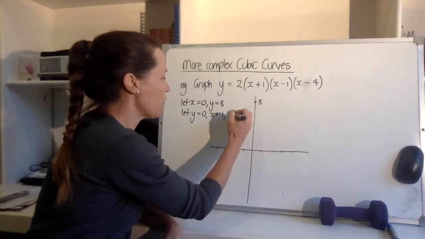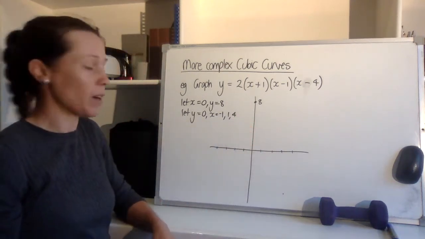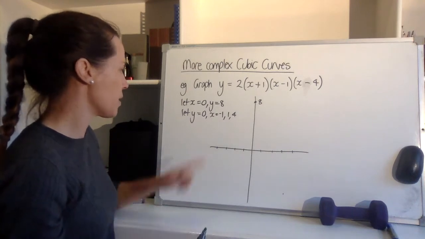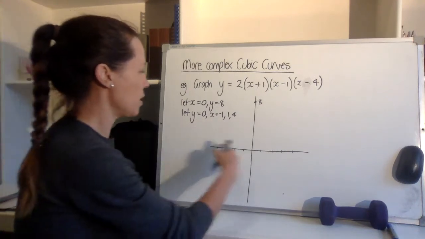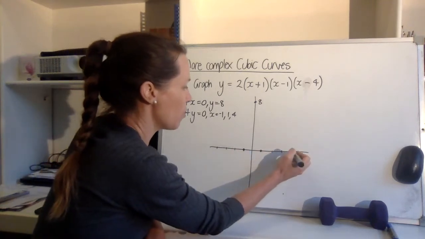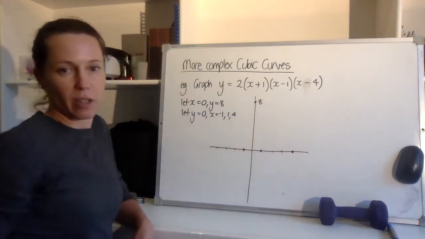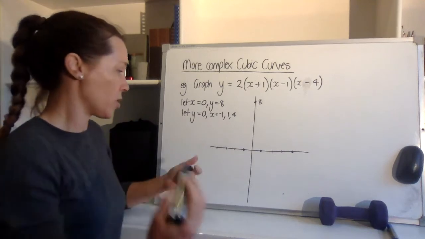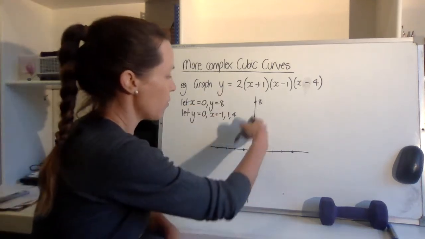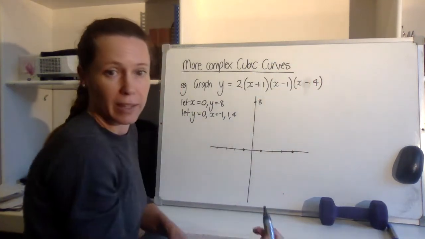So that's quite straightforward and easy to get from the equation just by looking for intercepts. So now, when we're looking for intercepts, we've got one here at -1, one at 1, and one at 4. So we've got 4 points on the graph, and that's enough really to just start graphing, because we know that the basic shape, it's a positive one. It's going from low, it's doing a wobble, and then it's going high again.